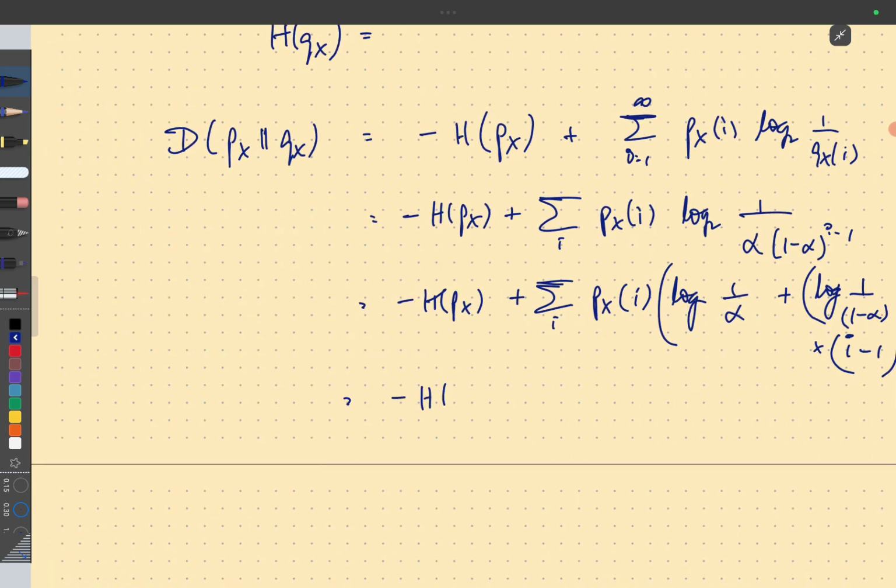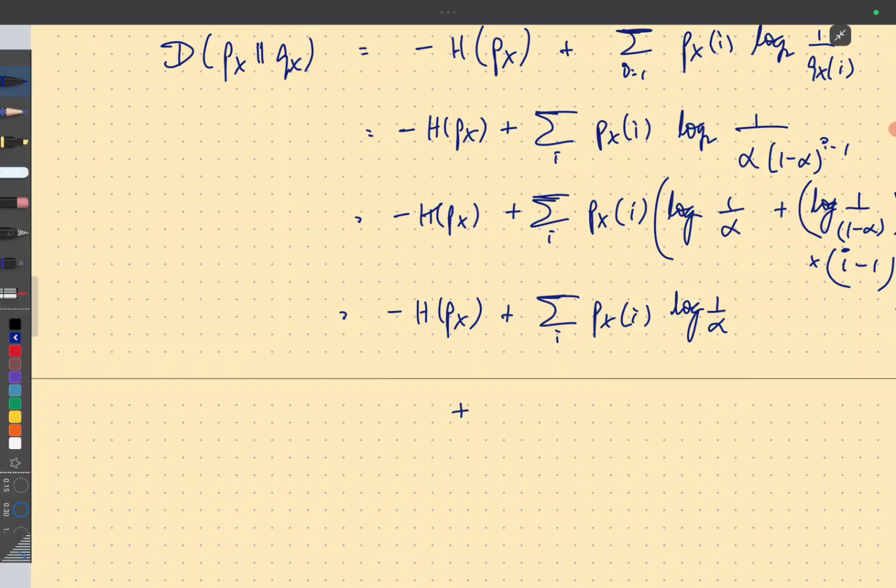Which is minus entropy of Px plus summation over I of Px of I log 1 over alpha plus sum over I Px of I times I minus 1 log 1 by 1 minus alpha.